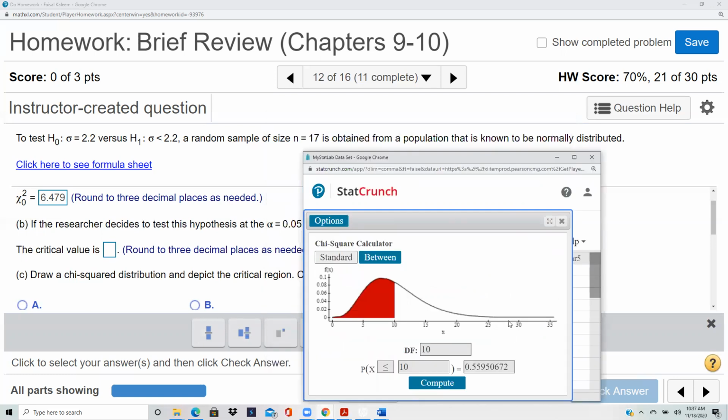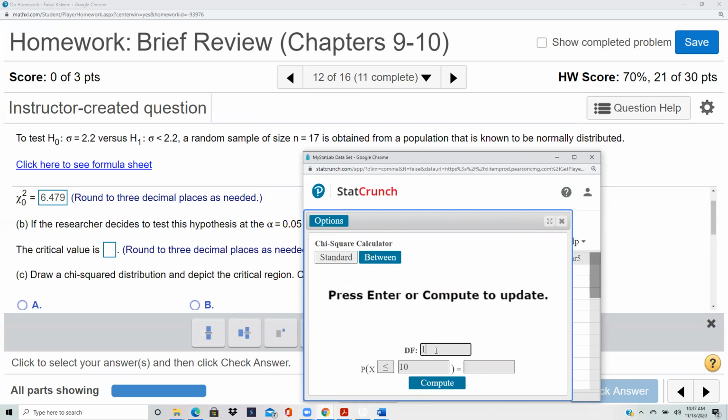The 1 minus n. And is the sign correct here of the inequality? Yes, less than.